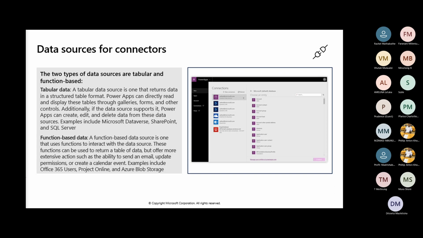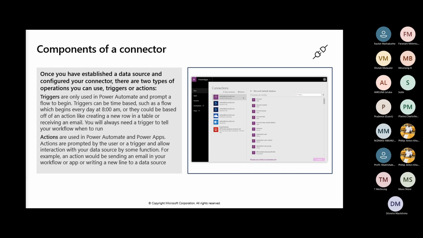And both of these data source types are commonly used to bring data and additional functionality to your solution. As you can see, connecting to data sources would allow you to integrate disparate parts of your business solutions to build them out cohesively. Okay. And then let's move on.